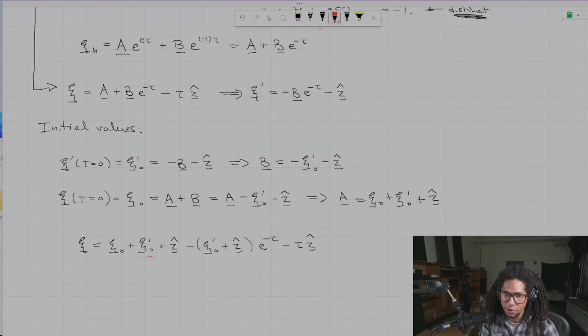So let me take all the stuff that depends on C naught prime, and I'll group that, and all the stuff that depends on z hat, and I'll group that as well. And if I do that, I'll get that C is equal to C naught plus 1 minus e to the minus tau, C naught prime. Good. And then plus 1 minus e to the minus tau minus tau z hat. Great.